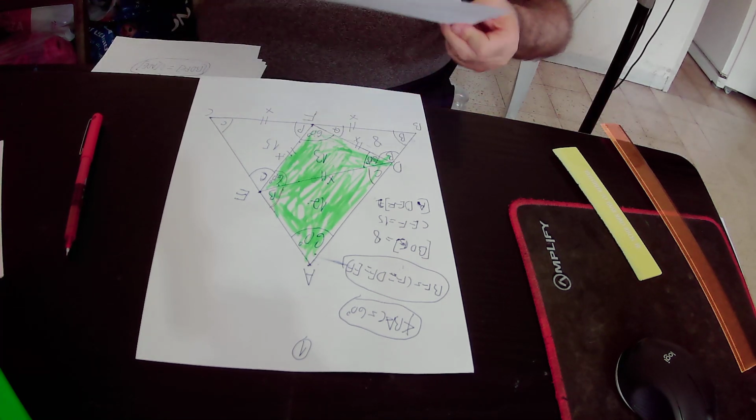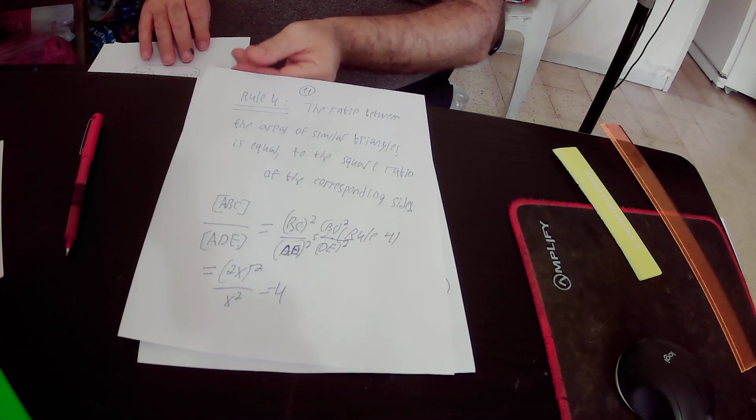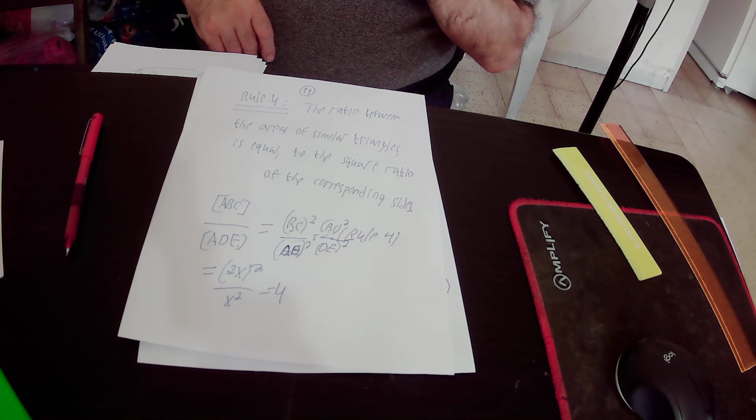And we also have rule number 4, which states that the ratio between the areas of similar triangles is equal to the square ratio of the corresponding sides.